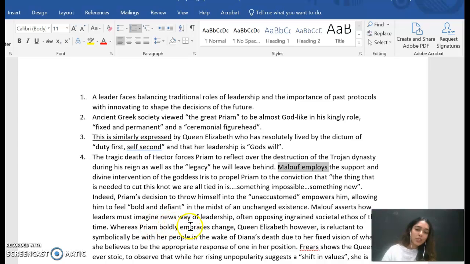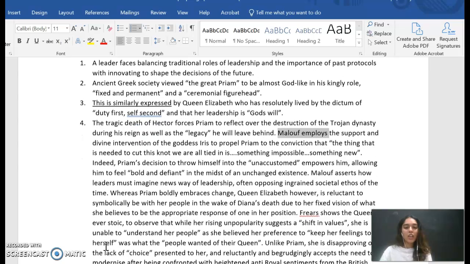Whereas Priam boldly embraces change, Queen Elizabeth, however, is reluctant to symbolically be with her people in the wake of Diana's death, due to her fixed vision of what she believes to be the appropriate response of one in her position.